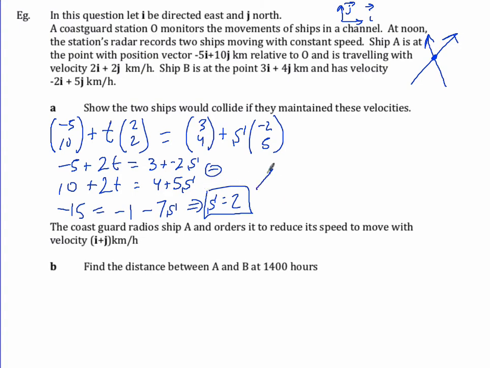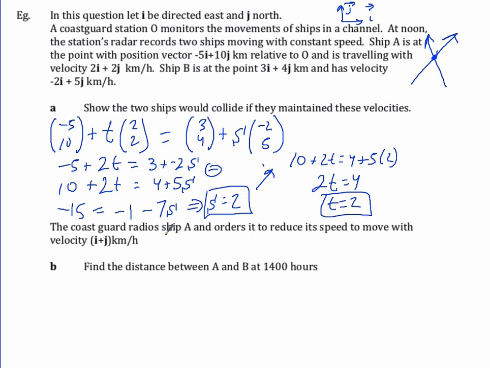And now we substitute that into maybe this first equation, or I'll use the second equation, to get the t value. Okay, so that's going to be 2t equals 4, t equals 2. So because those are the same, that means at the point of intersection, after 2 hours, they will collide at the exact same point.